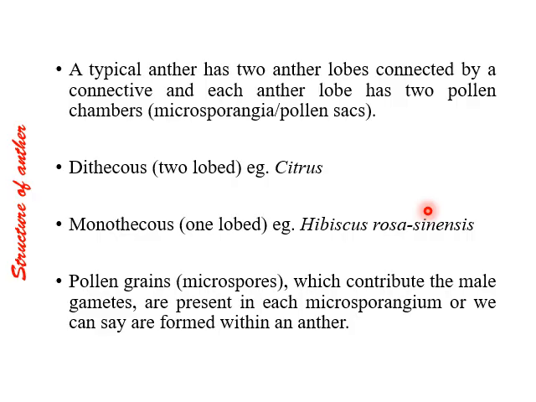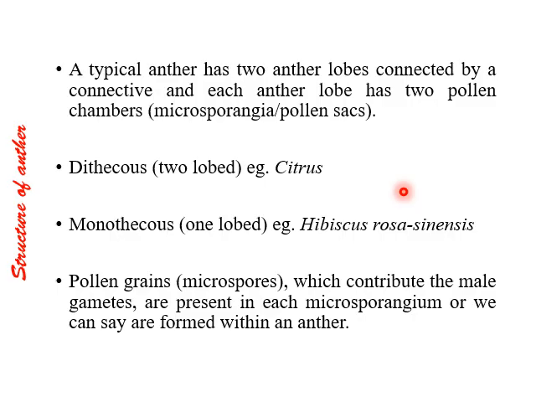There are two kinds of anther based on the number of lobes they contain. If the anther contains a single lobe, such an anther is called a monothecous anther. An example of monothecous anthers is Hibiscus rosa-sinensis. Normally anthers contain two lobes, and such anthers are called dithecous anthers.